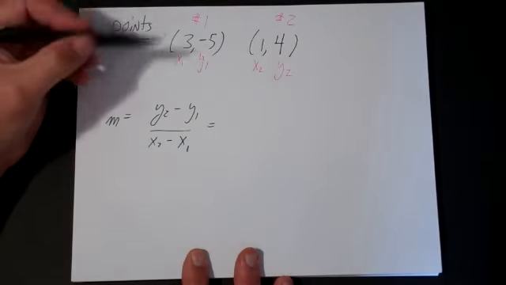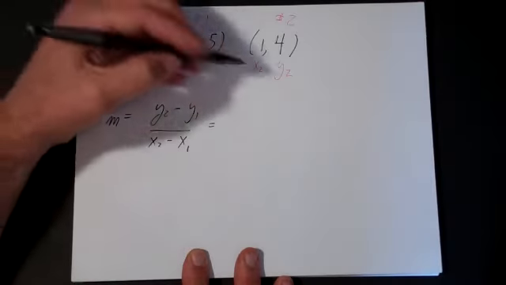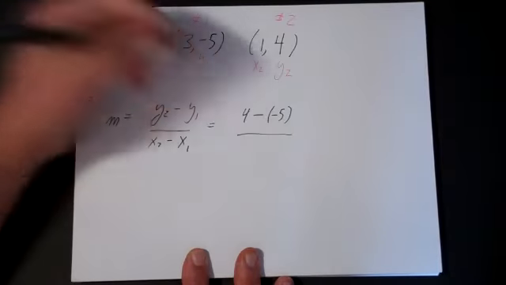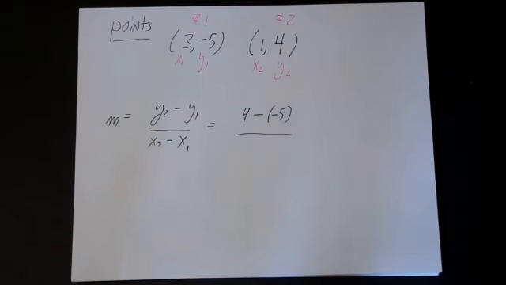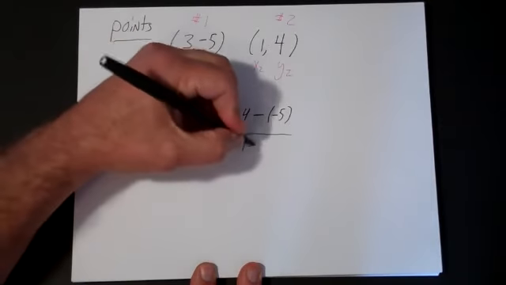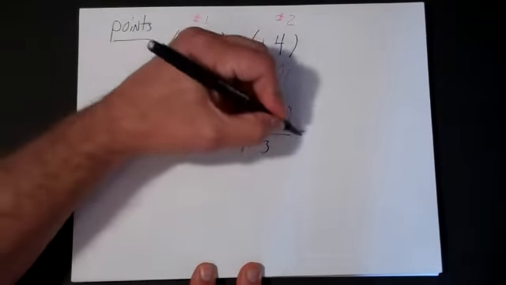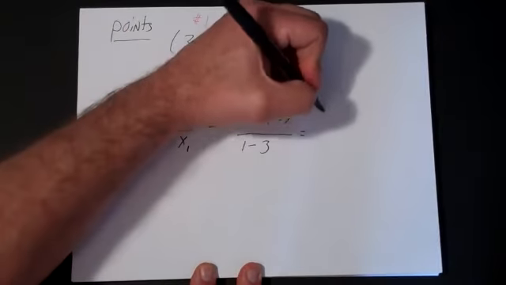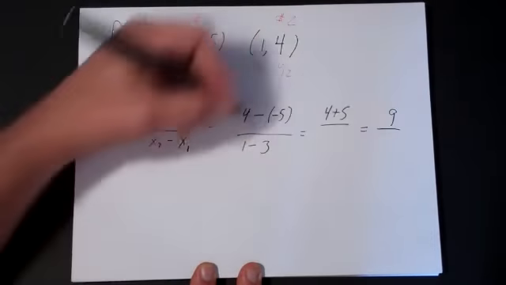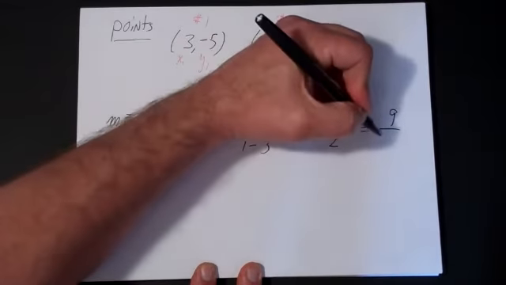If we did this problem, that's 4 minus 5. Be careful with your signs. Once you know how to do this, the only thing you're going to get wrong is the signs. x2 is 1 minus 3. 4 minus 5 is 4 plus 5, or 9. 1 minus 3 is a minus 2.